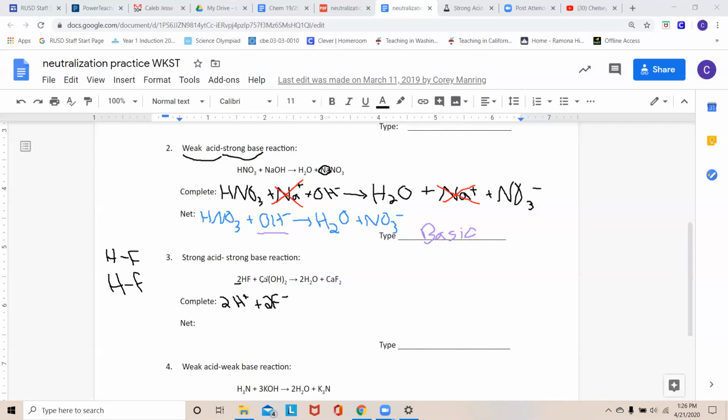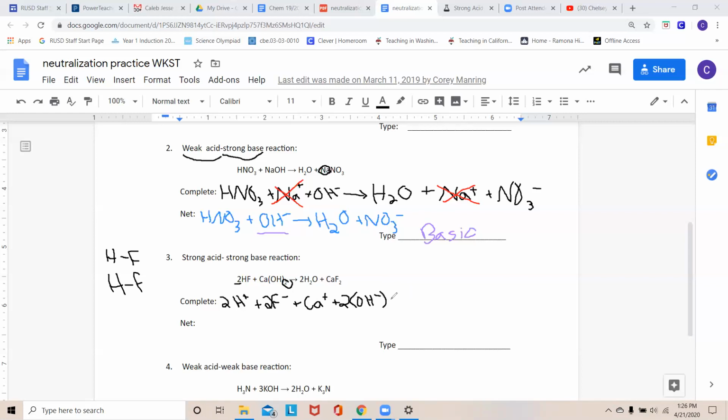And then there's no coefficient in front of our calcium. So we just have 1 calcium. But we have 2 of our OHs in that molecule. So you're going to translate that subscript into a coefficient. We have 2 of those.